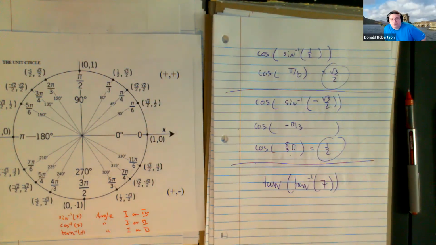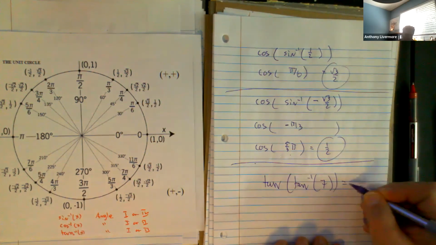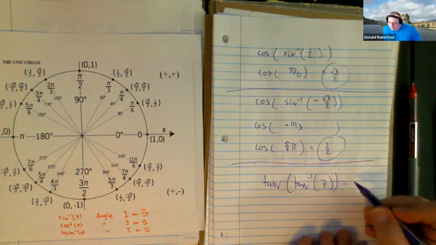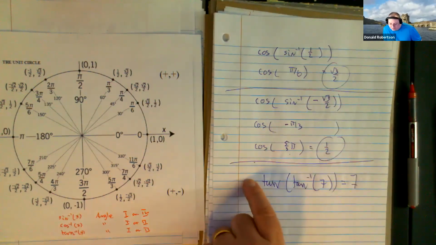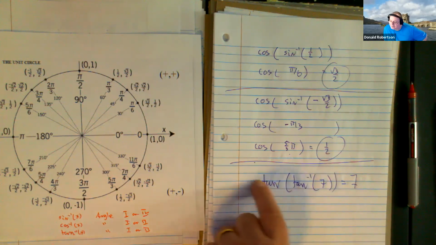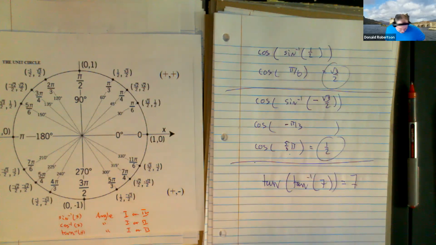I know that you couldn't do that with a sine and you couldn't do that with a cosine, because wouldn't they be undefined? They don't exist. But what about a tangent? Is that possible? What would the tan of the inverse tan of 7 be? It is 7. So tangents and inverse tangents, if you put one of each, you're going to get the guy you started with.